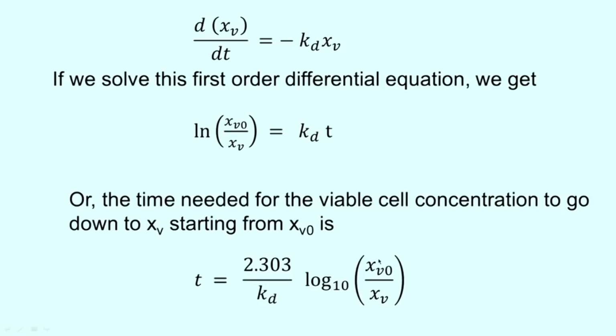Therefore, natural log x v naught by x v is 2.303 log to the base 10 x v naught by x v, and k d comes to the denominator here. Therefore, the time required for this amount of decrease in viable cell concentration from x v naught to x v is this expression: 2.303 divided by k d, log to the base 10 of x v naught by x v.